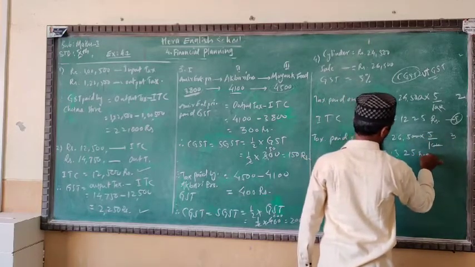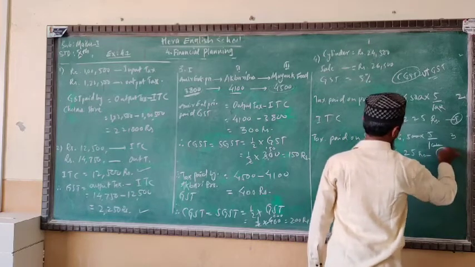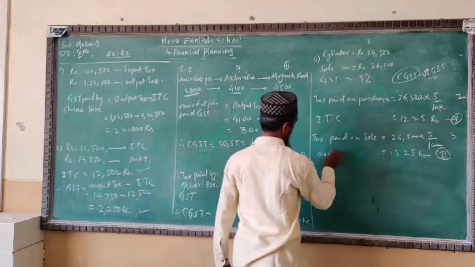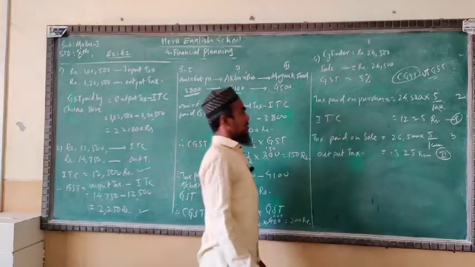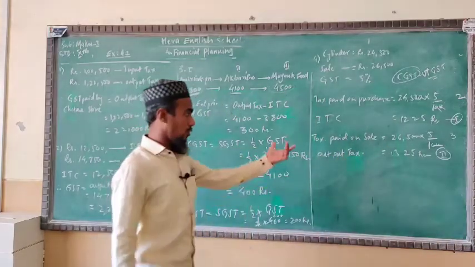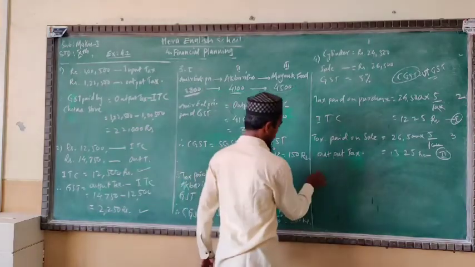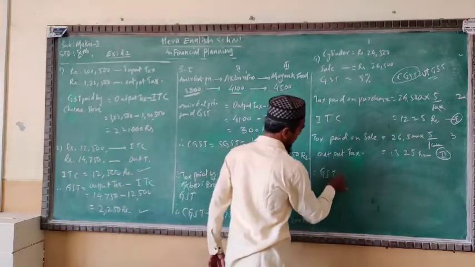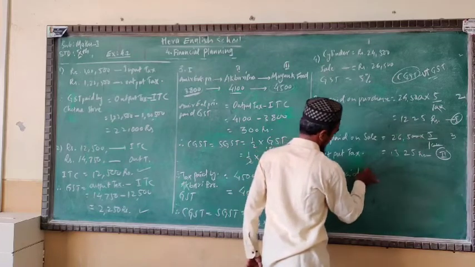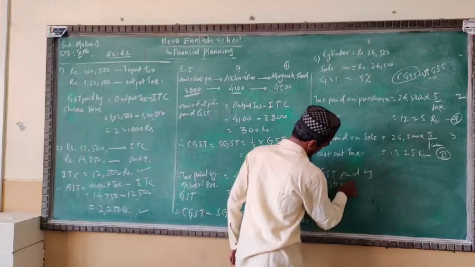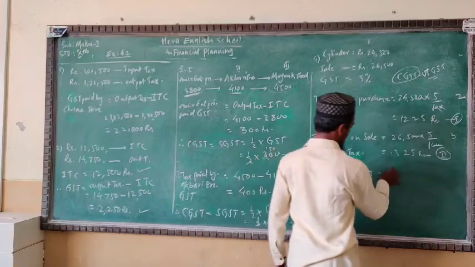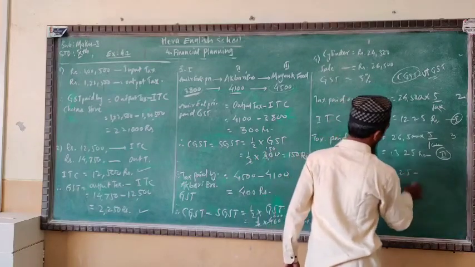This is the output tax. The customer will pay this one, okay, we'll write here GST paid by customer. Output tax is 1325 minus 1225.